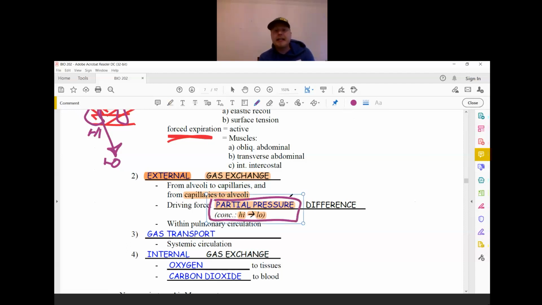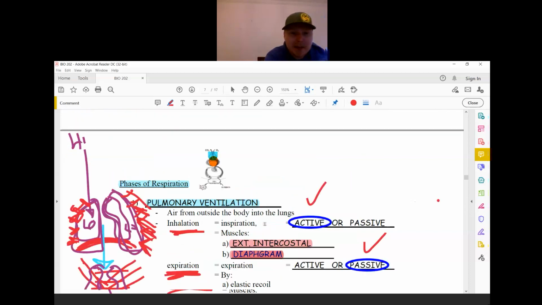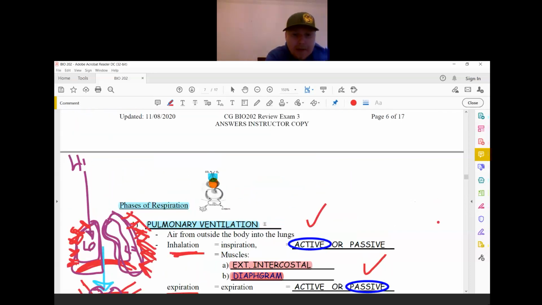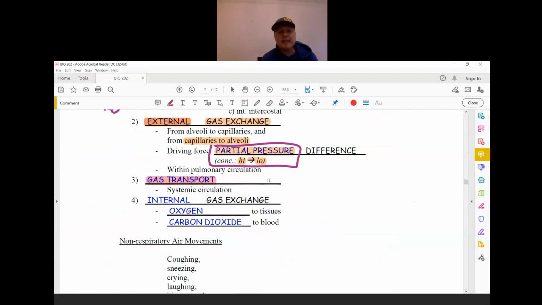And then gases do get transported. So that's our third stage. Within the systemic circulation, there's gas transport. So that covers all of this part of the loop until we get to the internal gas exchange. And let's add our internal gas exchange to the diagram.